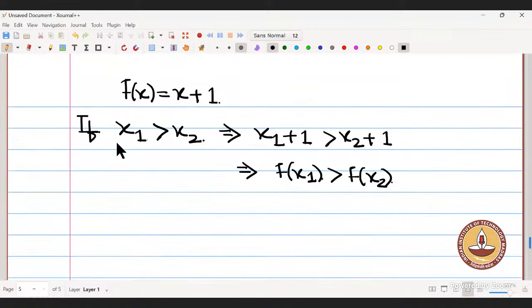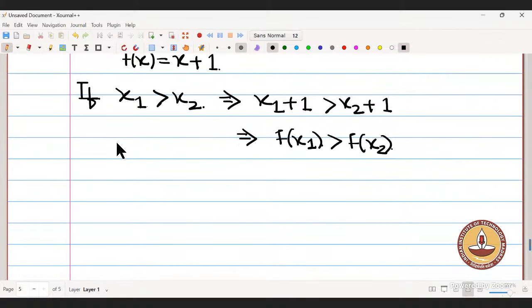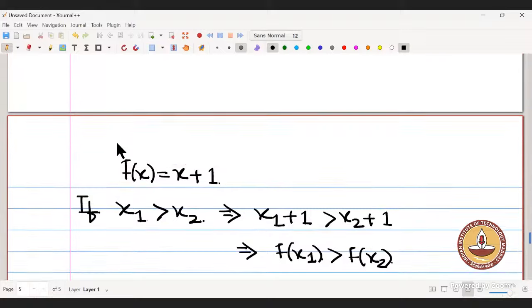Any other example? x cube. Is there an example which gives f of x1 equal to f of x2, only increasing, not strictly? I'm mostly concerned about strictly increasing.